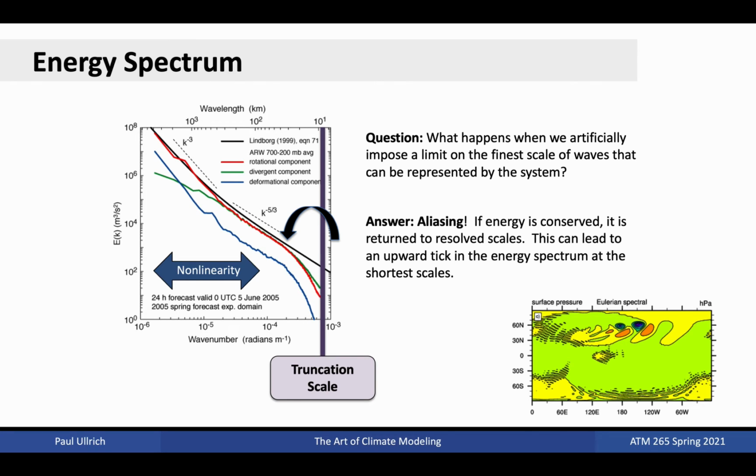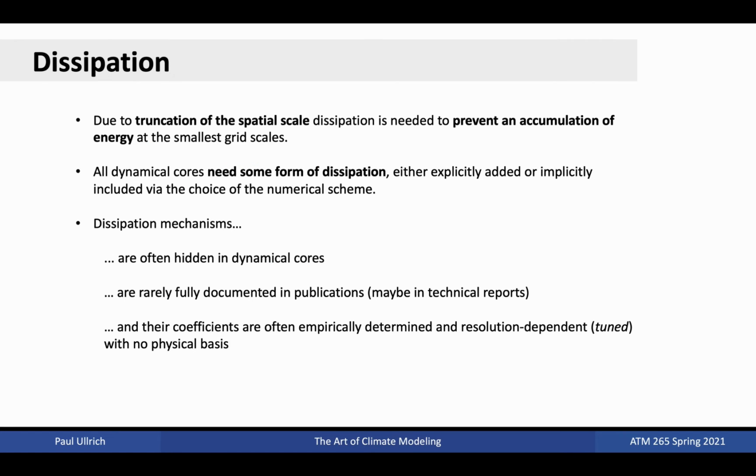Thus, our typical truncation scales in atmospheric models are nowhere near the truncation scale of the real atmosphere. The problem of energy accumulation at the finest scales is universal and independent of the choice of spatial discretization, time-stepping scheme, and equation set.